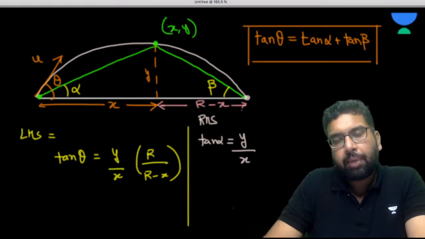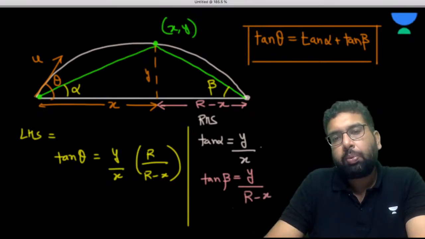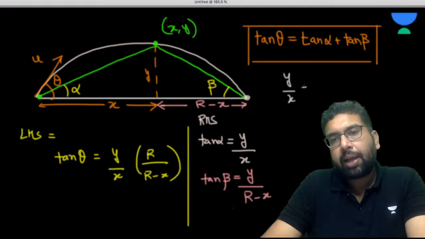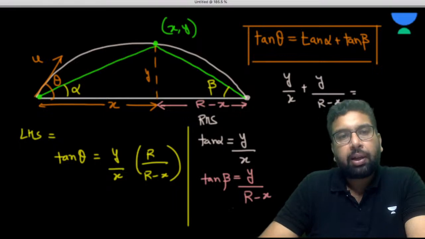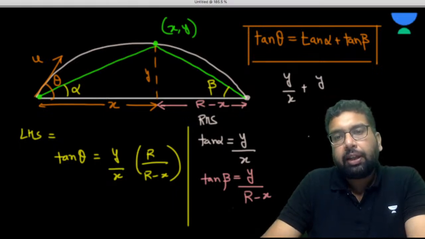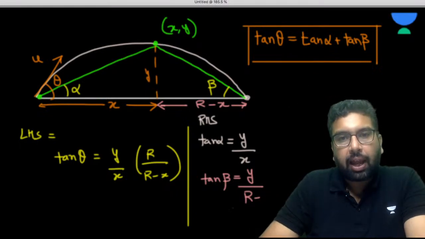So now tan beta is going to be y upon r minus x. You add both of it, you are getting the same thing, aren't you? So if we add both of it, y by x plus y upon r minus x, what will become the LCM? See if you add, I just lack the space here.